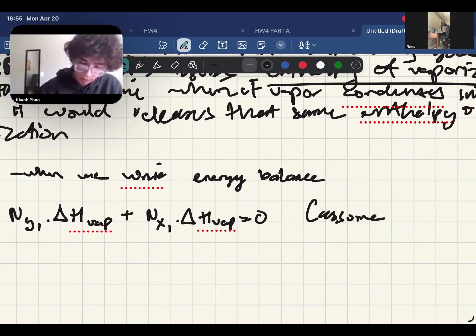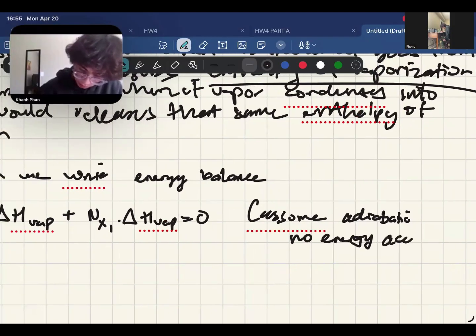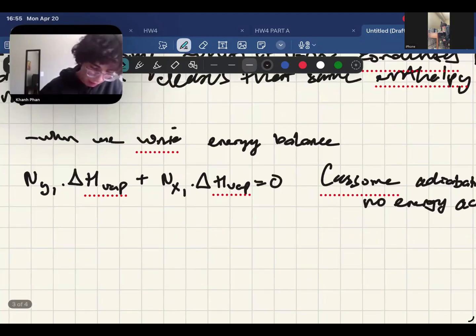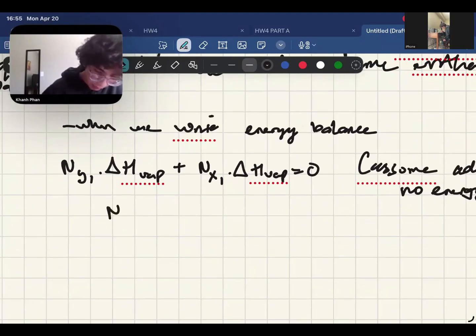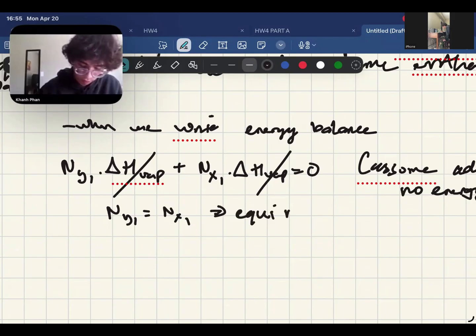Assume adiabatic, no energy accumulation. Since the enthalpies of vaporization are the same, we have N_Y1 equal to N_X1. The mole flux of vapor and mole flux of liquid are the same. So that's why they are equimolar.